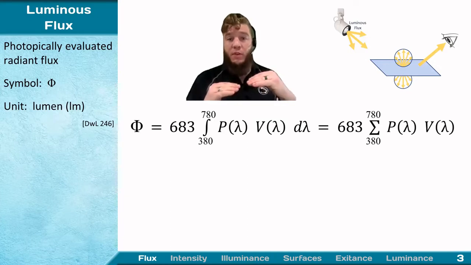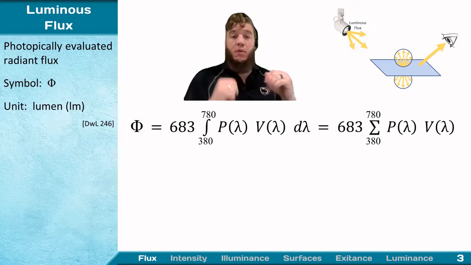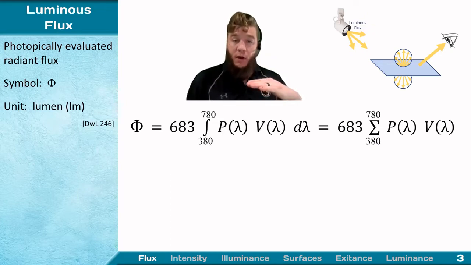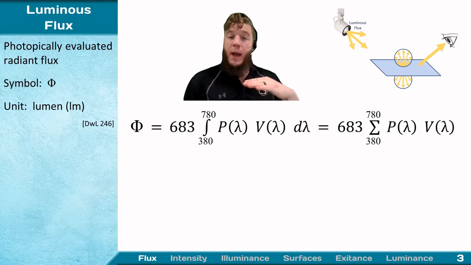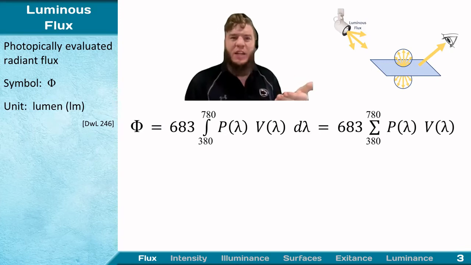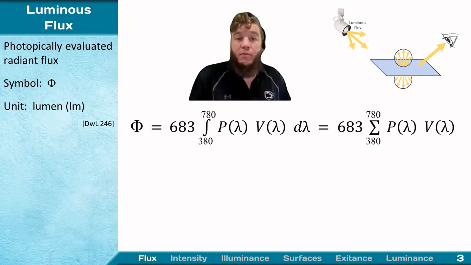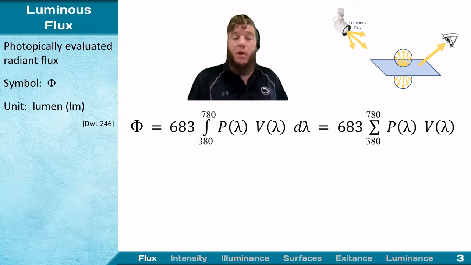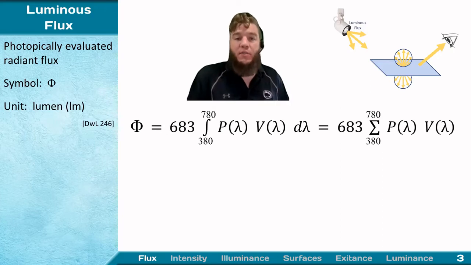First off, we have this equation below me, and you'll notice the V lambda. The V lambda is our photopic spectral sensitivity curve that we were discussing extensively, and this defines the quantity of light actually experienced by our visual system. Now, we multiply that by P lambda, and P lambda is the power emitted by a light source.